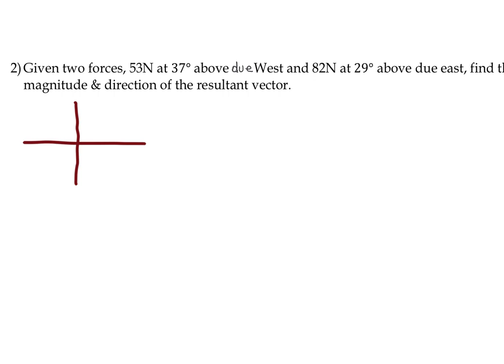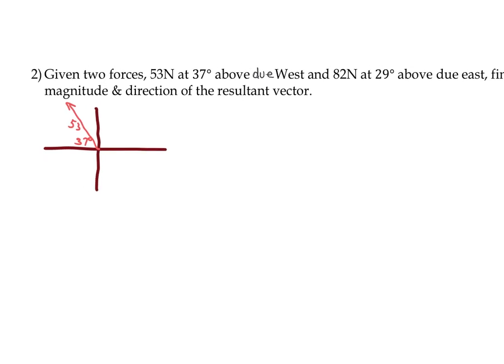This first one says that it is 53, so that would be my magnitude, at 37 degrees, which is right here, of due west. On this one, I have to make sure that I find this angle measure. So 180 minus 37 would give me 143. So I'm going to use 143 degrees for that vector.